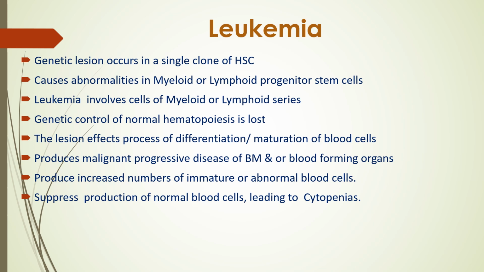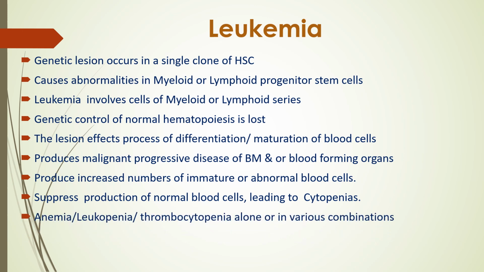Due to the increased production of these abnormal cells, there is suppression of the production of normal cells, leading to cytopenias. What are cytopenias? Cytopenias are the decrease in number of the normal blood cells in the peripheral circulation. Due to cytopenia, there may be decrease in the amount of hemoglobin, that is called anemia, leukopenia, that is decrease in number of the white blood cells.